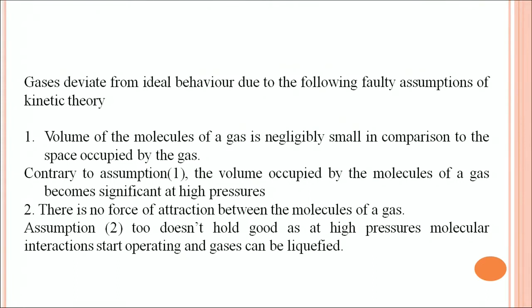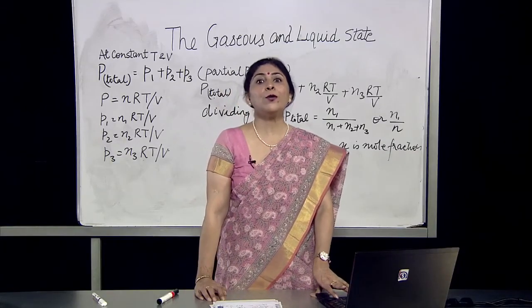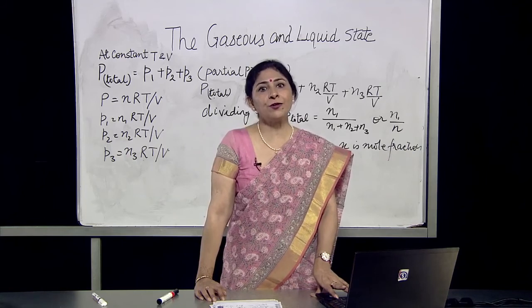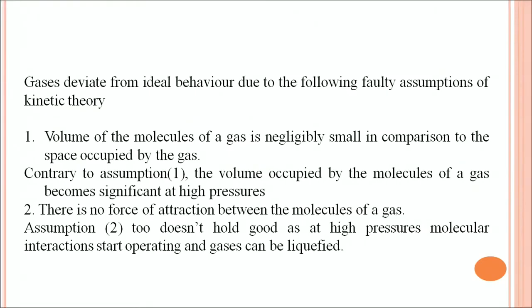As I showed you with the syringe example, when we apply pressure, the volume becomes lesser, so there is a significant volume of the gas molecules. The second faulty postulate was that there is no force of attraction between the molecules of gas. This too does not hold good, as at high pressure molecular interactions start operating and gases can be liquefied.